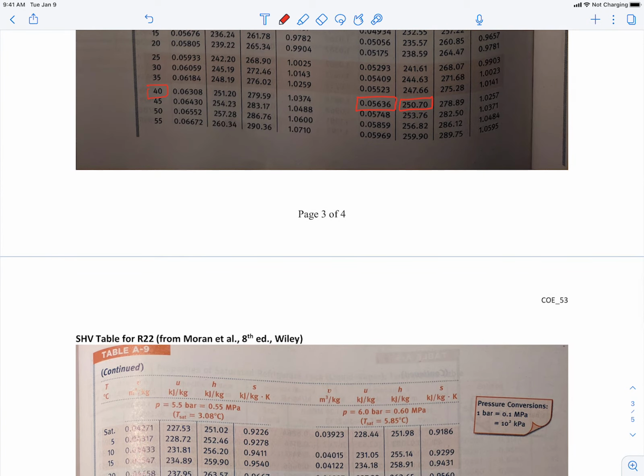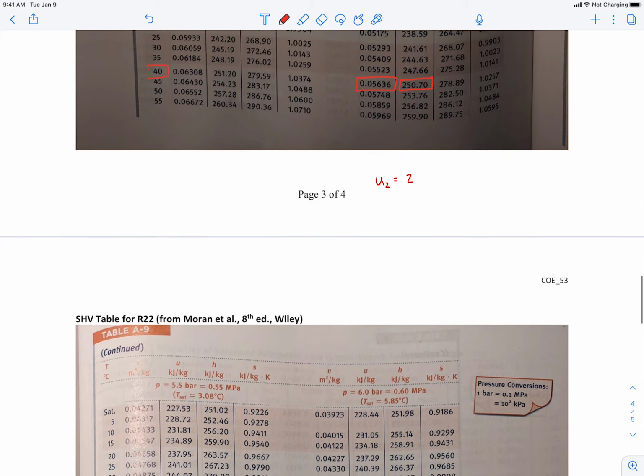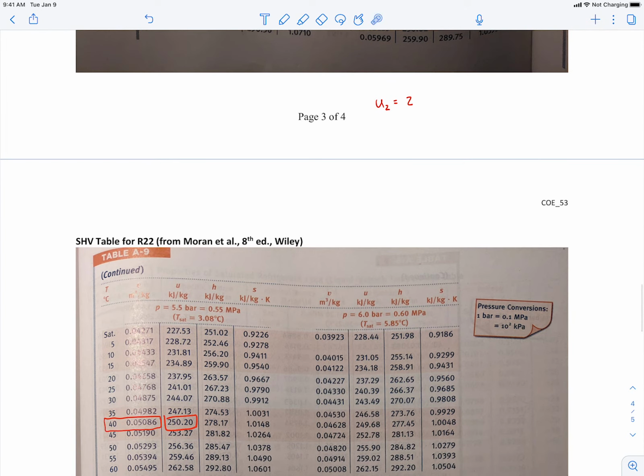The way we linearly interpolate, so U2 would be the lower specific internal energy here. Is that the right one? No, I'm sorry, it'd be the lower one right here. It's just whichever one you want to start with.